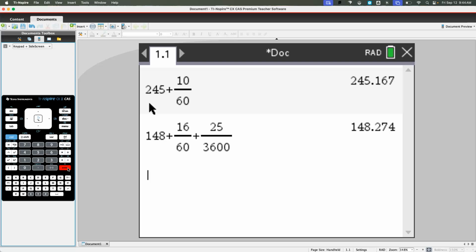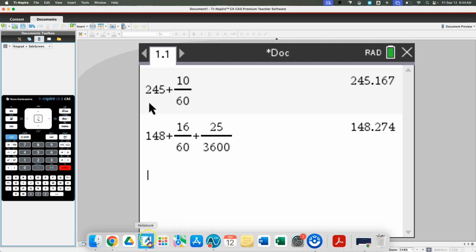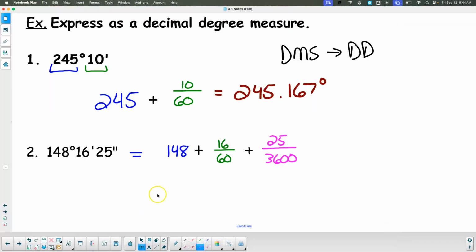I get 148.274 degrees. What did I say? 274. With me so far?